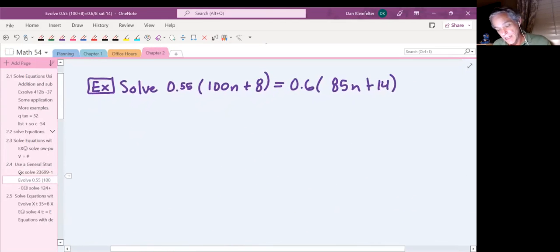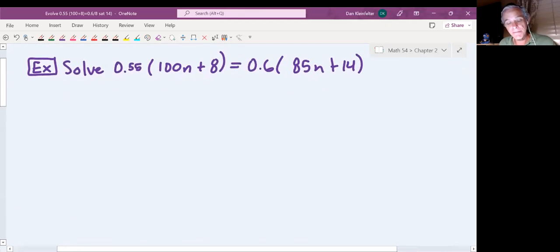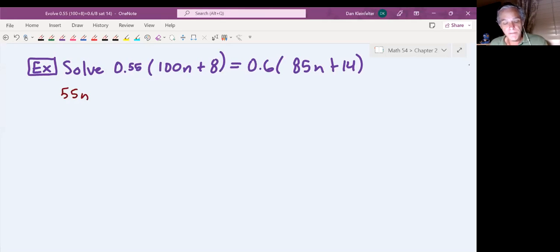In the next one, we'll see that we've got some decimals in there, but we can proceed in the same basic way. We're going to distribute to remove the parentheses and combine like terms as usual. So here we have 0.55 times 100n. That will give us 55n. And then 8 times 0.55 is 4.4.